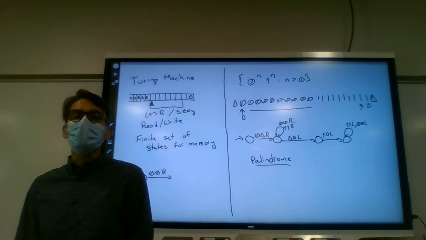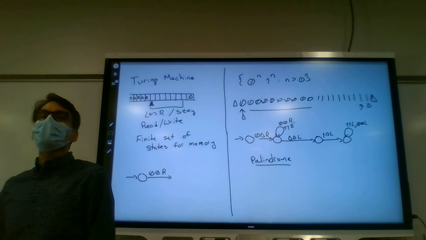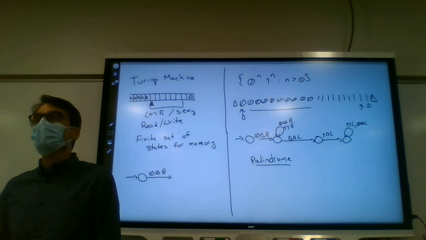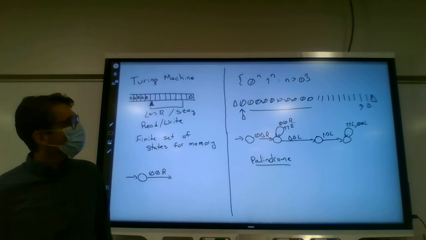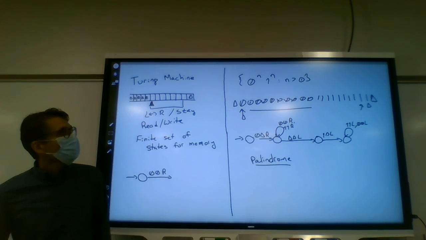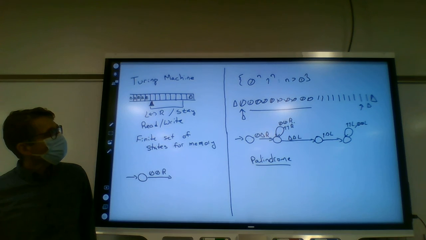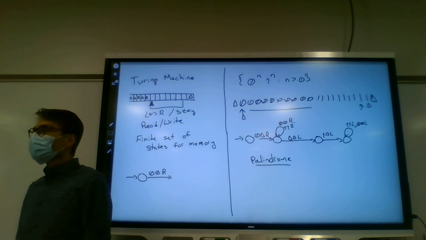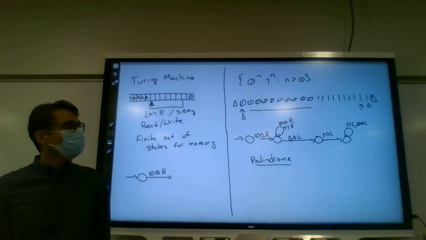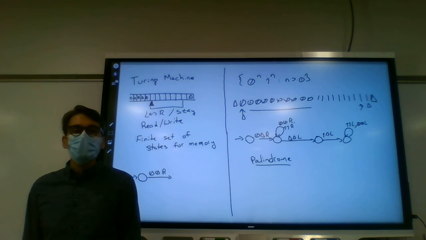You can't come back to it unless you had enough states to remember something about it. You can't get the exact thing back anymore. But here, what can we do? You can go back and forth, overwrite things, change them, or keep them and come back to look at them again later if need be.